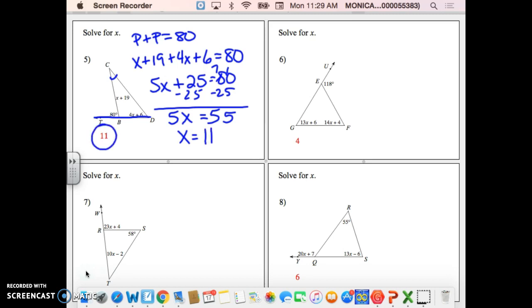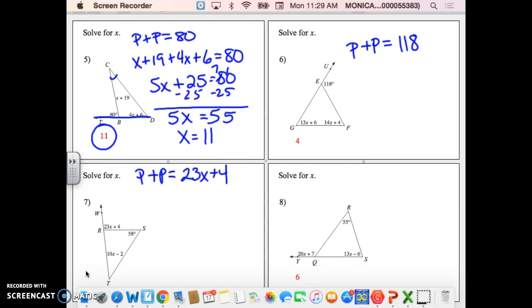All right, so if we look here, it's going to be part plus part equals 118. You can see that you should get x equals 4. And then down here, you want to do the math and make sure you're going to get part plus part equals 23x plus 4. So this is going to be a more complicated equation, but you should still come out with a similar answer.